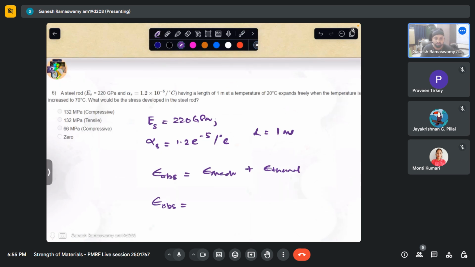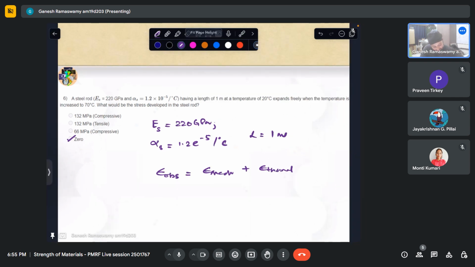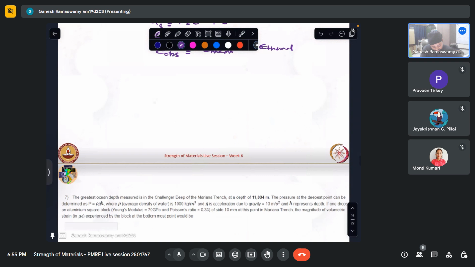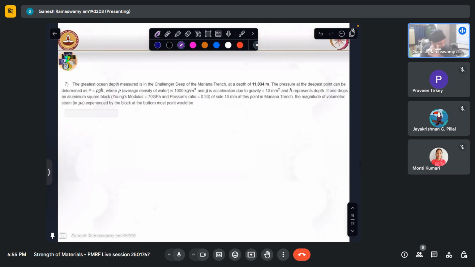This is a case of free expansion or free contraction. We do not have any stresses developed unless it is constrained. So this is one case where even though a strain is present, the mechanical stress might not be appearing in our equations. All right.